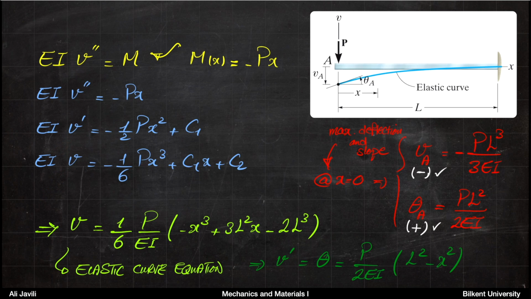Also, see that the deflection has a minus sign, it is negative, which makes perfect sense because if you apply a force P, the deflection itself is downwards. But the angle is positive, which again makes sense according to what we said, because it's the derivative of deflection with respect to x.